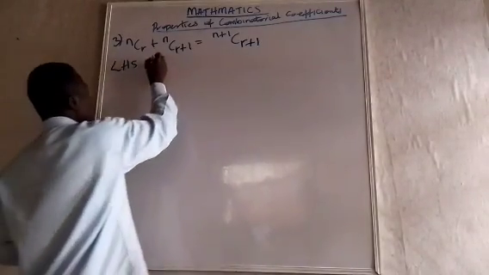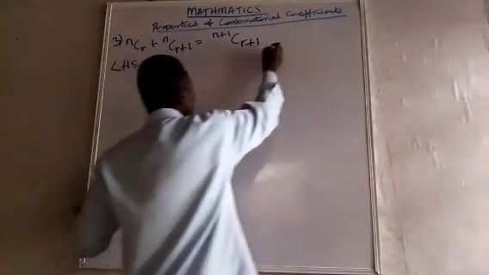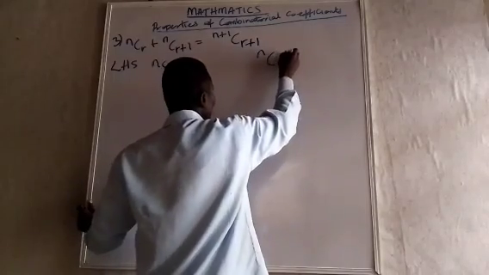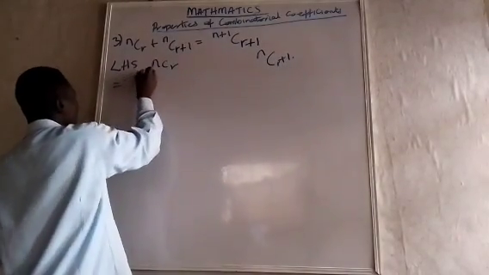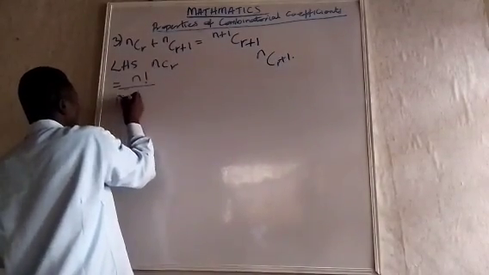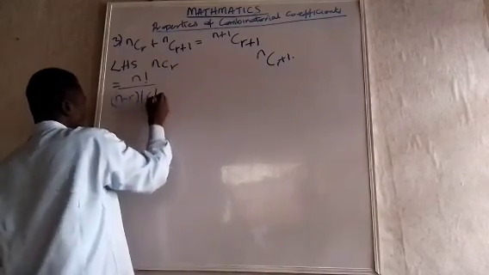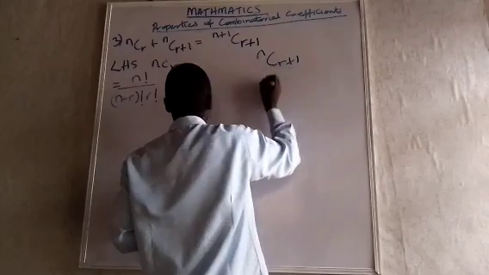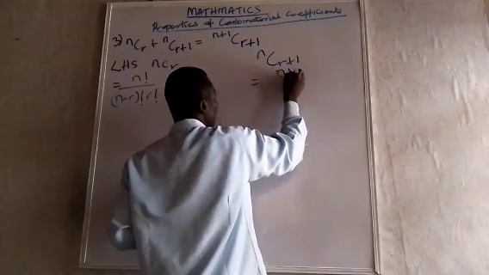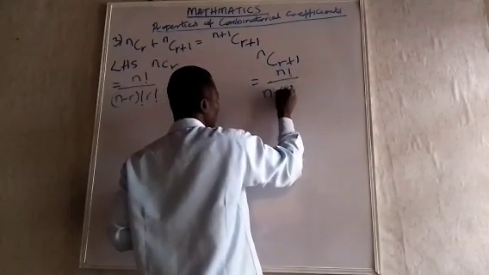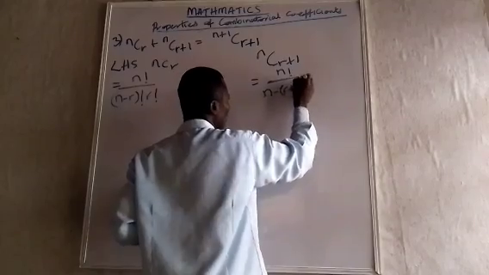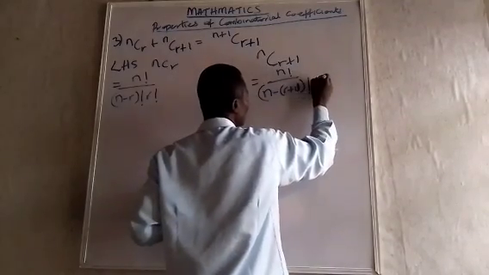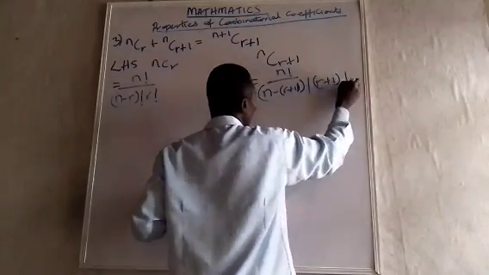Left hand side. nCr and we have nC(r+1). So this one is equal to n factorial over (n minus r) factorial r factorial. This one will give us n factorial over (n minus (r plus 1)) factorial into (r plus 1) factorial.